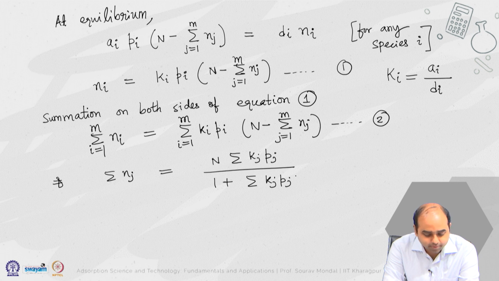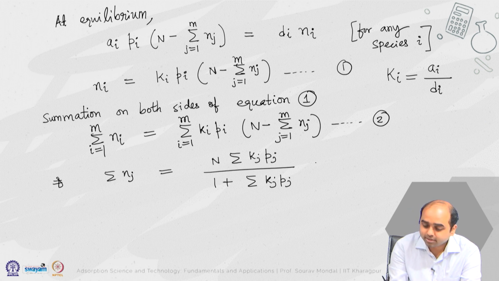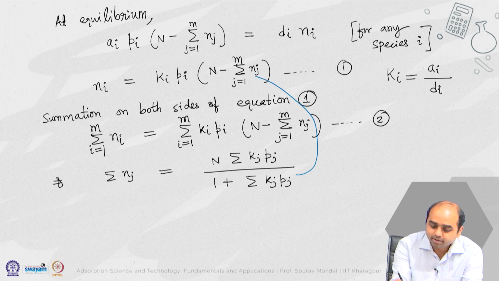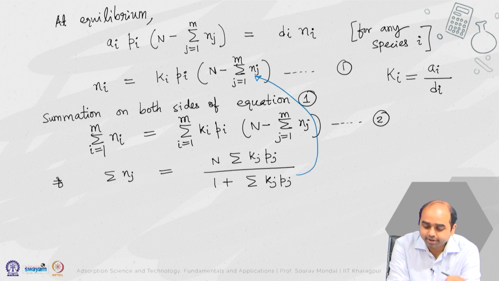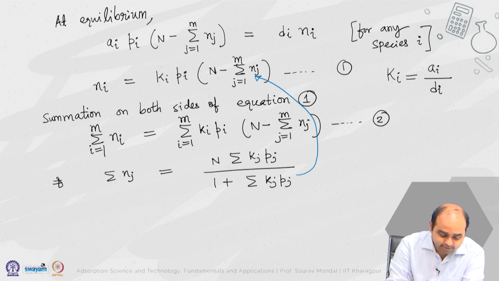And please note that this summation of nj can be represented in this form, where capital N is actually the total number of sites present in the system. Now, this version that we get here can be transferred back to this point here.